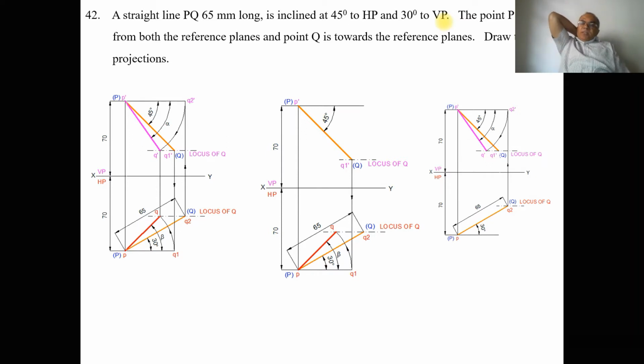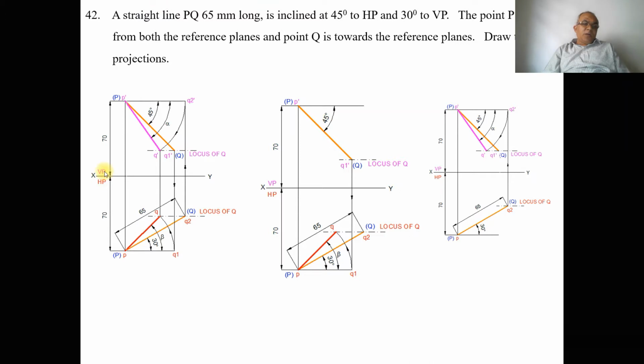And the point P is 70 mm from both the reference planes. So that means he has given point P which is 70 mm from both HP and VP. So that means it is 70 mm above HP and 70 mm in front of VP. How do I decide that? That is basically because we are working in the first quadrant.